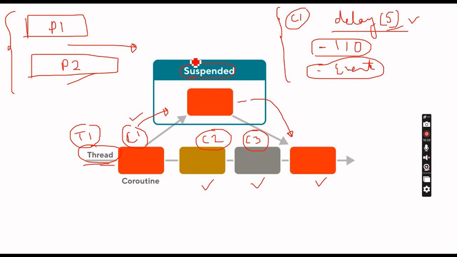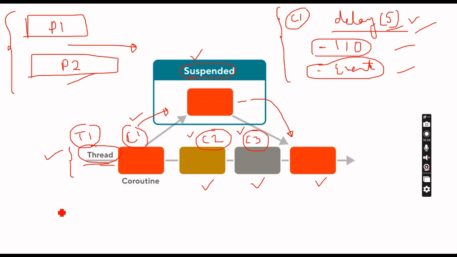Other coroutines can then utilize the same thread, and the thread doesn't have to wait with the coroutine for an IO request, an event, or a delay timeout. So the thread is free to execute other coroutines, and this is better optimization of thread resources. This is the simple concept of a coroutine.